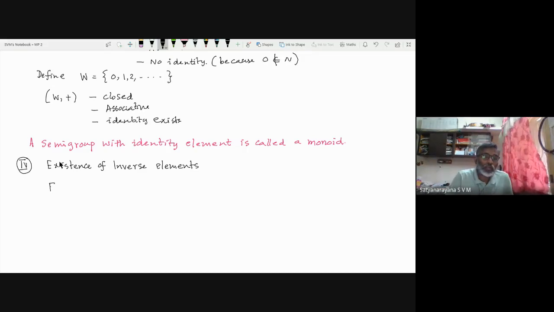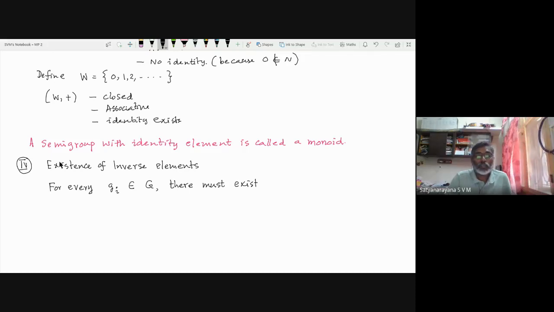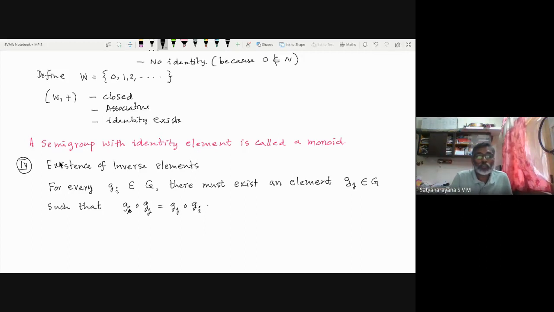That is, for every Gi in G, there must exist an element Gj in G such that Gi composed with Gj, or Gj composed with Gi, should be equal to the identity element.